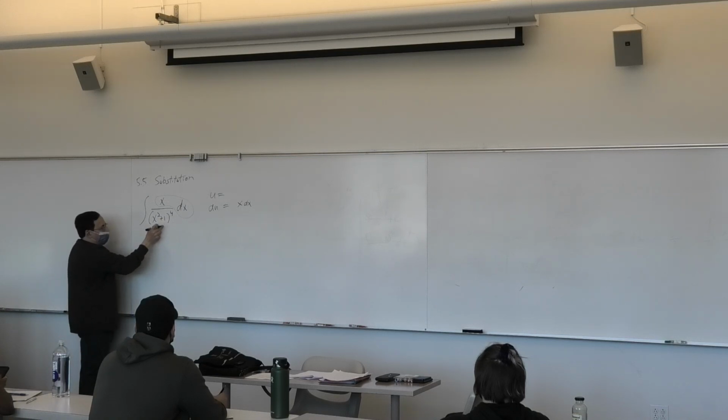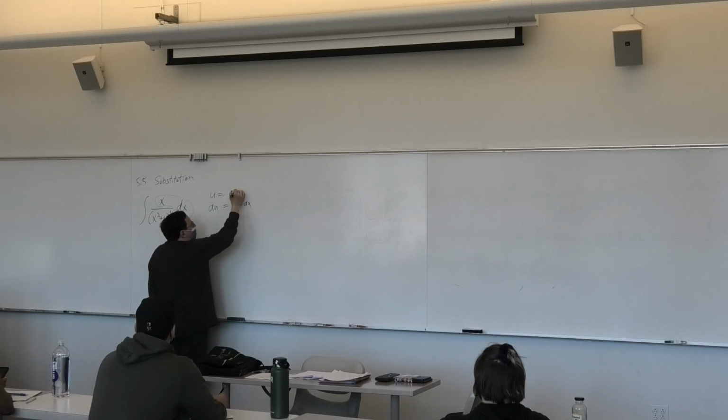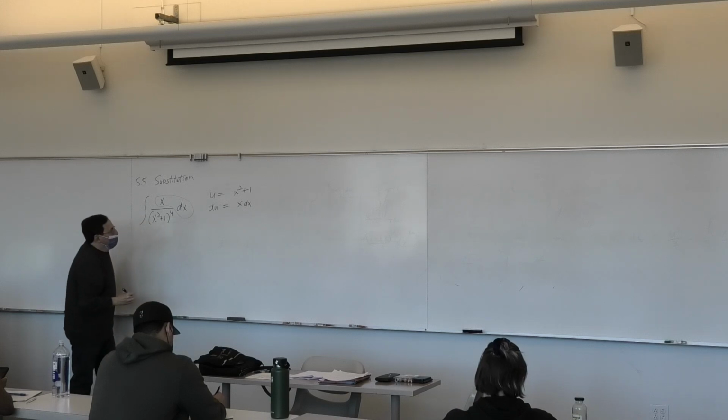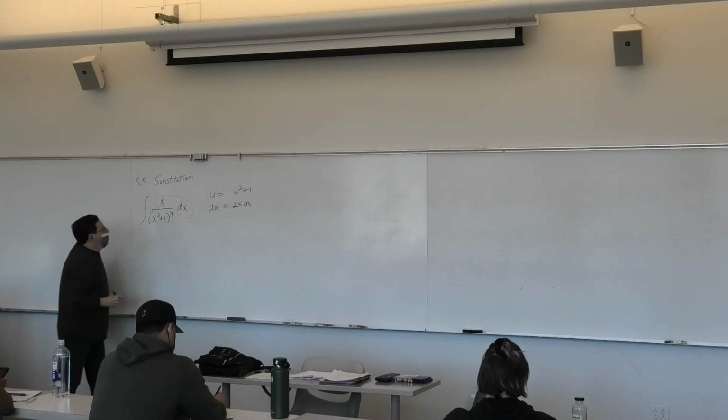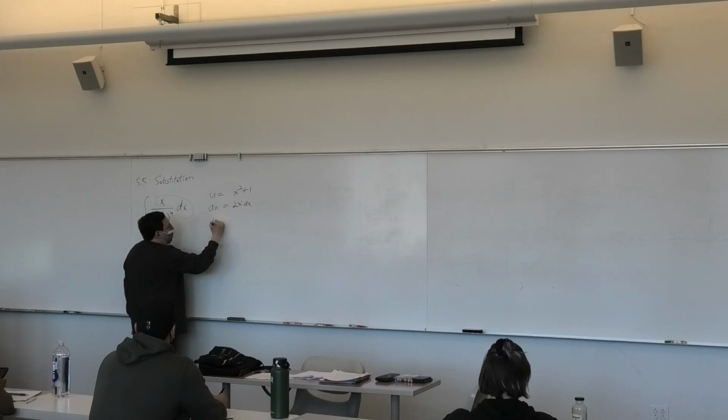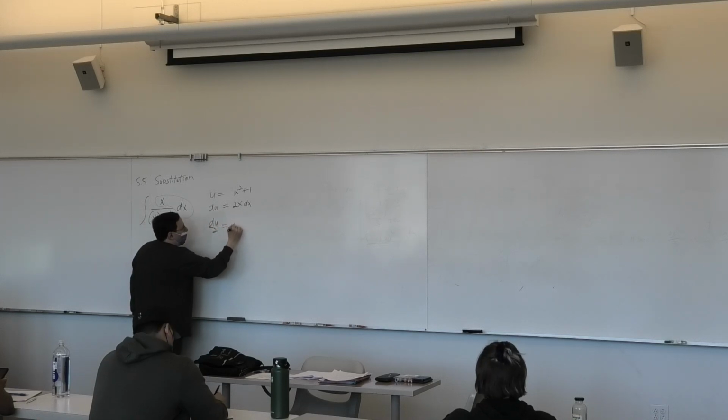Well, again, it may not be obvious, but there is kind of a substitution here that would do that for us. If I say u is x squared plus 1, and du is just going to be 2x, which is pretty close. Right? Du over 2 is x dx.